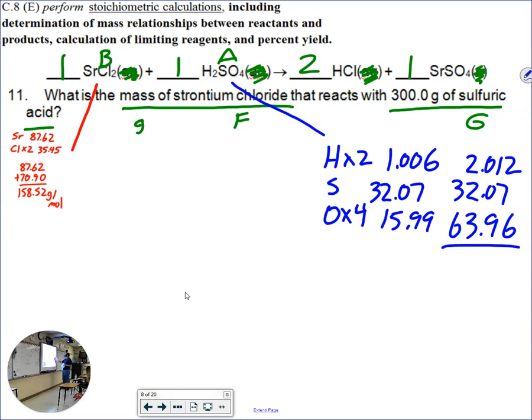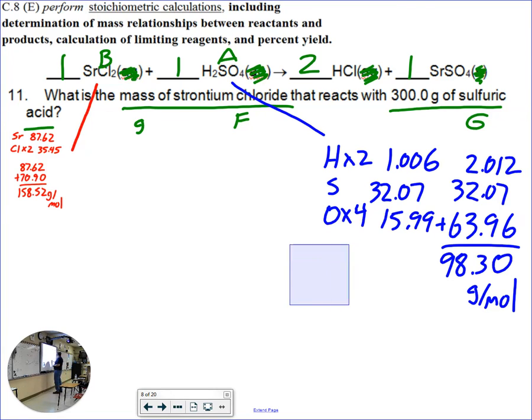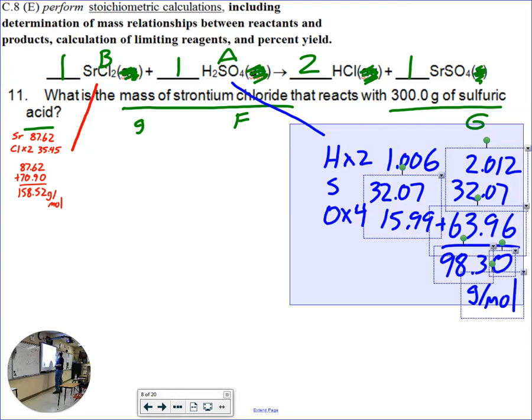All right, so we add these 3 up. What do we get? Close to 97, 98. 98.304. Okay, cool. I'm just going to call it 98.30 grams. Same thing I did a second ago, and cheat and shrink all this mess down.